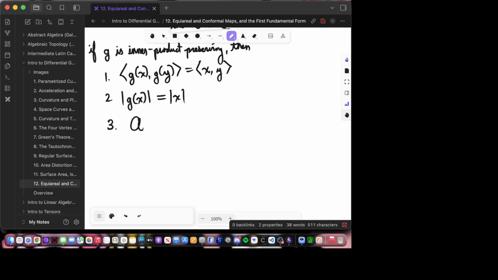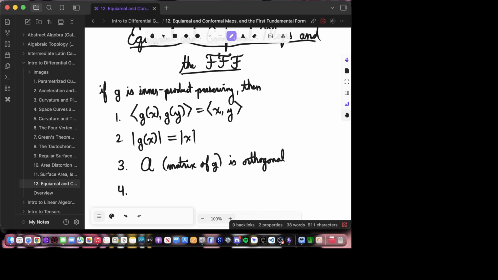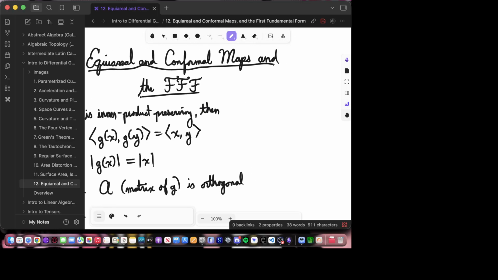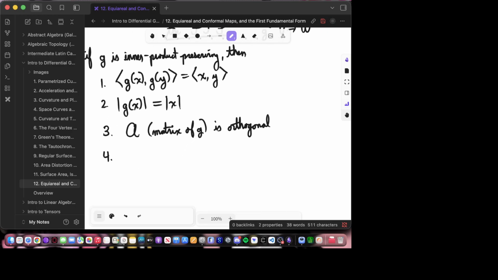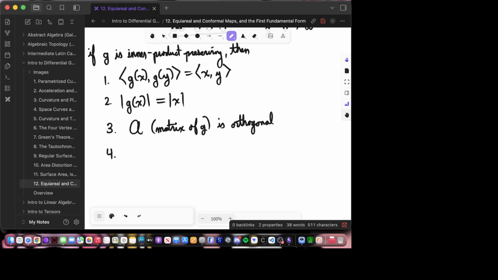Furthermore, the matrix of G, which we'll call A, is orthogonal. Actually, you know what? First, G is a map from V to W, and both are subspaces of R3, so let's just get that out of the way.